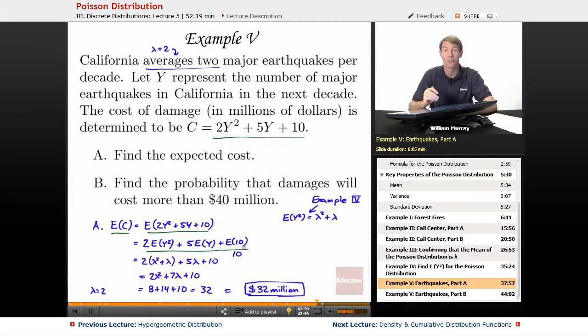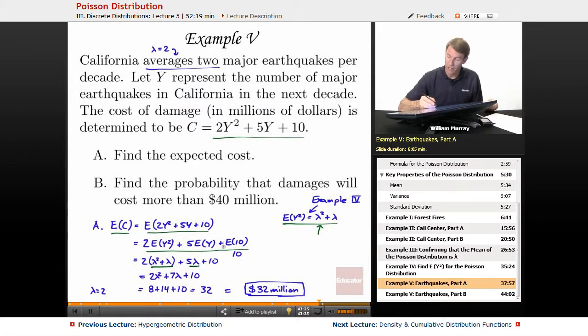Very, very useful to use linearity of expectation. So we had the expected value of y squared was lambda squared plus lambda. That came from example 4, so you can go back and watch the video on example 4 if you don't know where that came from. The expected value of y is just lambda. That came from, well, we proved it in example 3, but I also gave you the answer back in one of the first slides in this lecture.